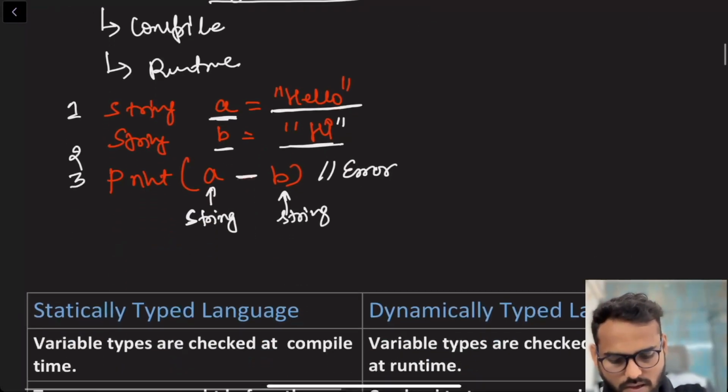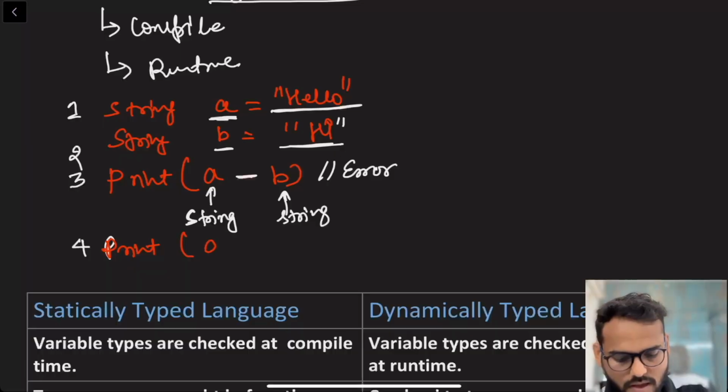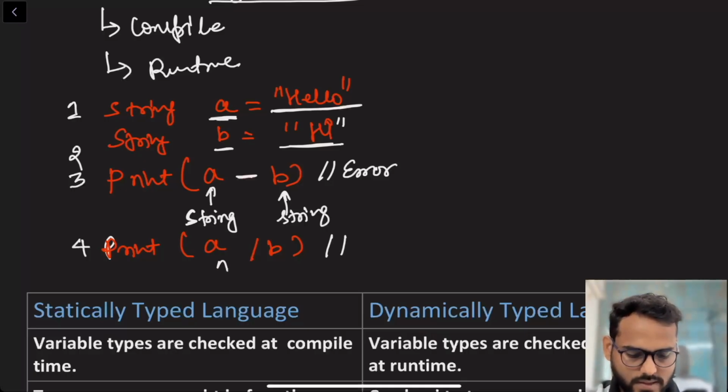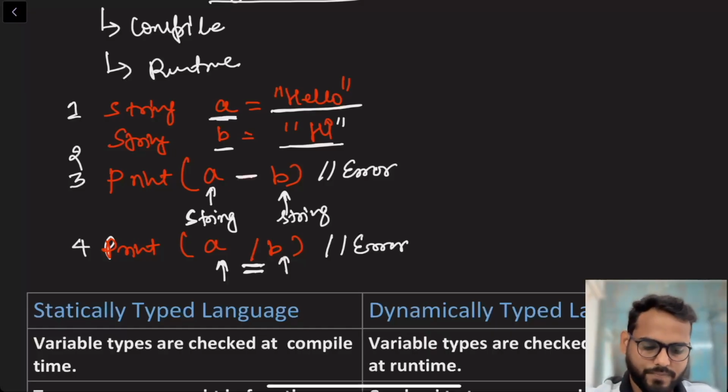Similarly, if we had a fourth line as print A, let us say, divide by B, again type checking will see this is a string, this is a string, and this division operator is not defined for strings. So again it will report an error.